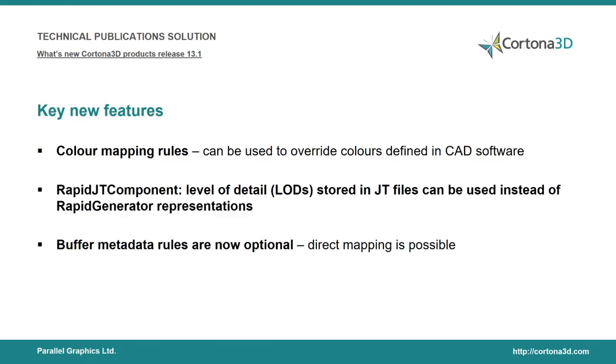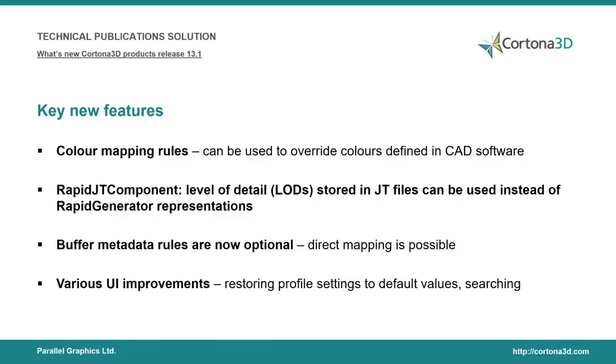Also, buffer metadata rules are now optional, meaning that you can map metadata objects from your source data to RapidAuthor project metadata directly. There is no need to extract them to a buffer first and then use them. You will also find various user interface improvements, such as the ability to restore input profile settings to default values.